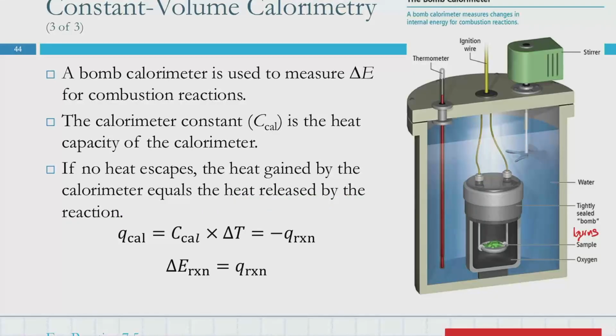So we're saying the heat is only going into the calorimeter, and the calorimeter is not losing heat to anything outside of it. So this should have some good insulation on the outside of it.